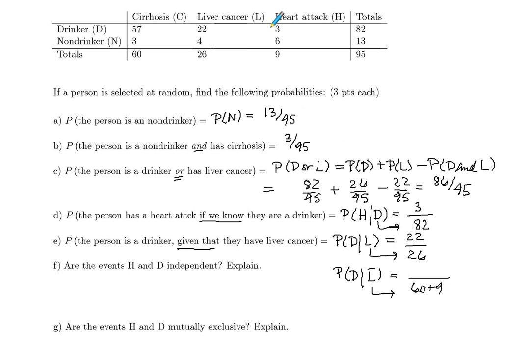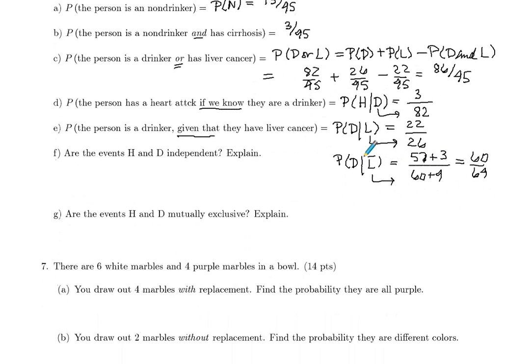So we're just restricting ourselves to these people. Now, out of those people, how many were drinkers? 57 plus 3, that's 60. So this is 60 out of 69. And I would want to see these. You wouldn't have to write this formula if you thought it through, but I do need to see these numbers, where these are coming from. So that's just an extra example to give you an idea how I could change things.